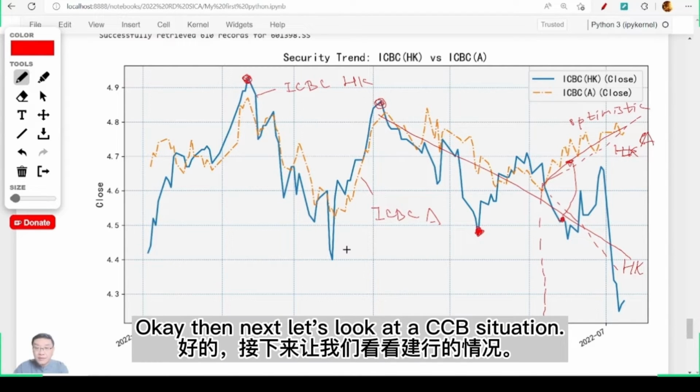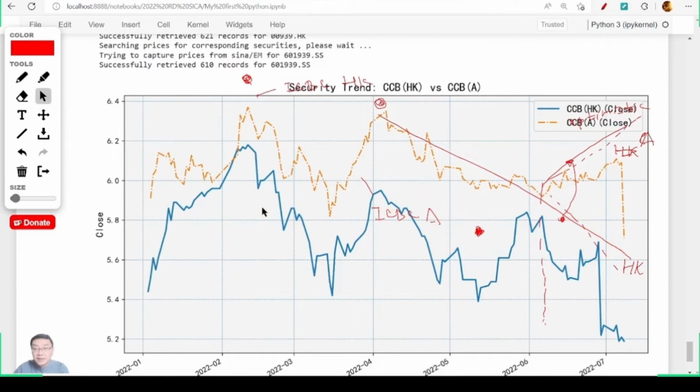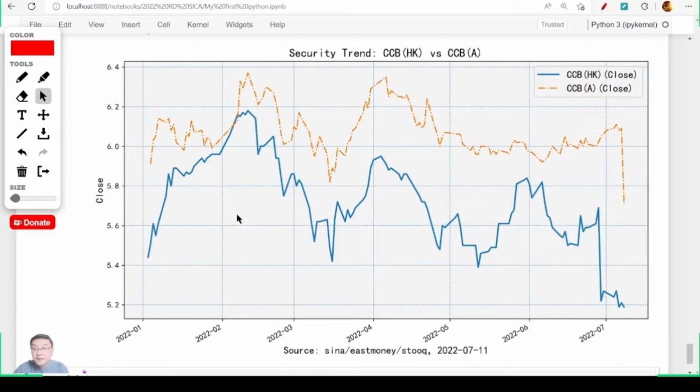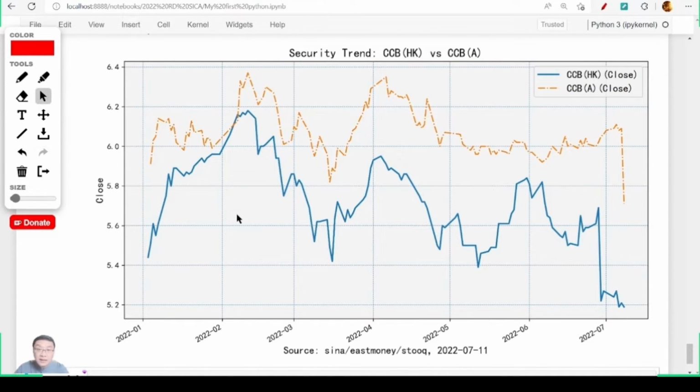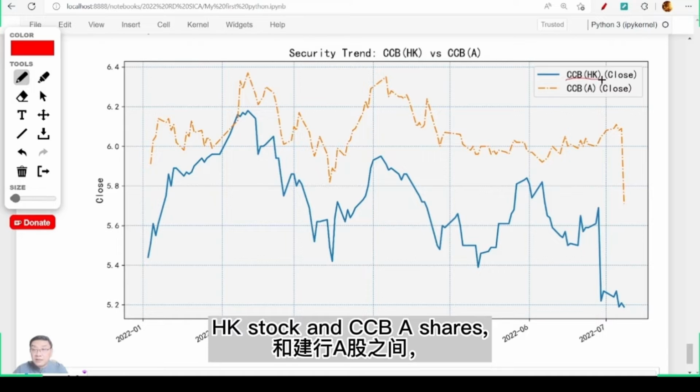Okay. Then next, let's look at the CCB situation. So this is the situation of CCB HK stock and CCB A shares.